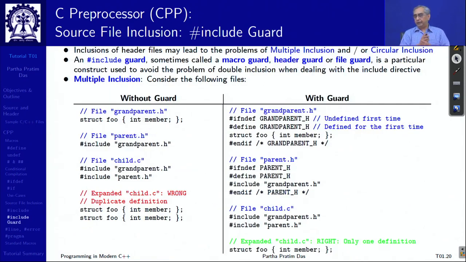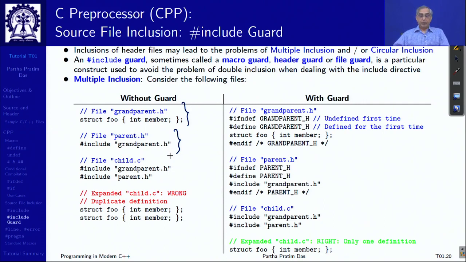This is an interesting hack that you must know, which is called macro guard or header guard or file guard, include guard. The issue is, suppose you have multiple header files, like one is grandparent.h, which has defined a structure foo. You have another, parent.h, which included grandparent.h.